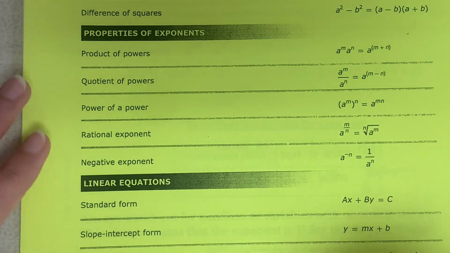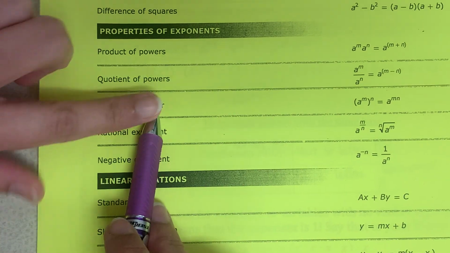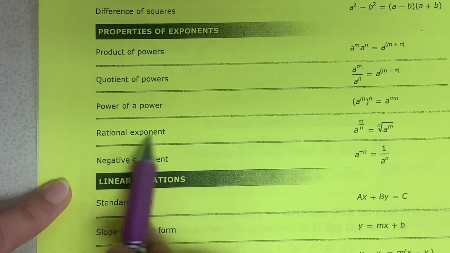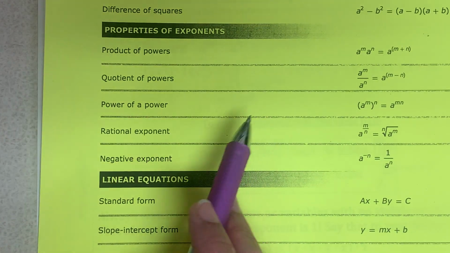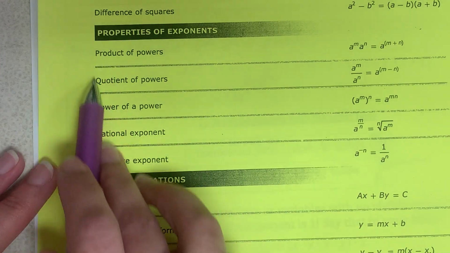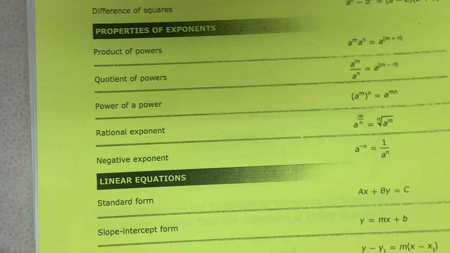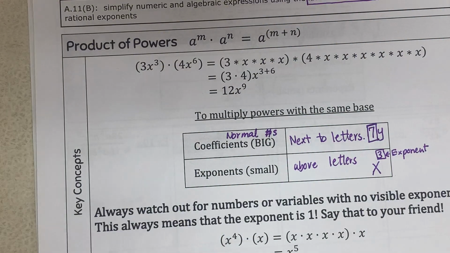Then quotients, which is division. Power of a power we do next, and then rational exponents we do later. Negative exponents, I think we do today. The properties are the rules. Like, how do I solve the exponents? You solve them depending on the format that you get.